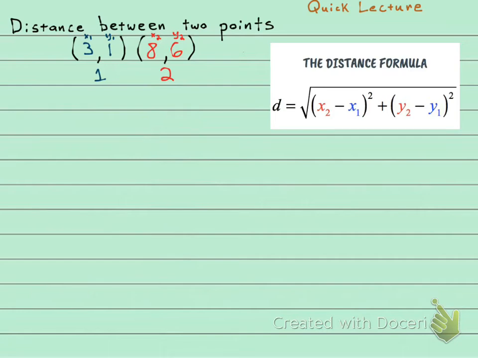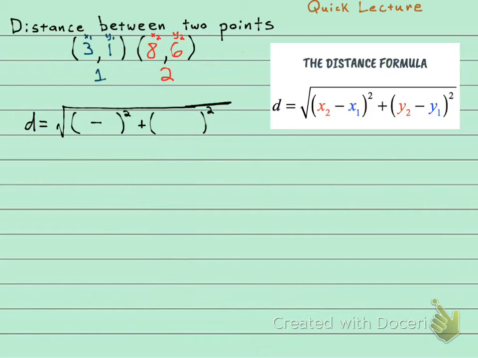So if we write down our distance formula, the distance equals the square root, make it real long, and this is going to be our x2 minus x1 squared plus our y2 minus y1 squared. Okay, make sure that radical goes all the way.